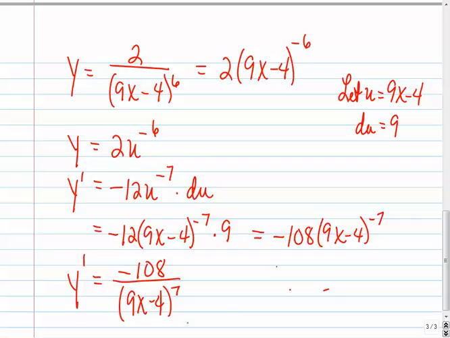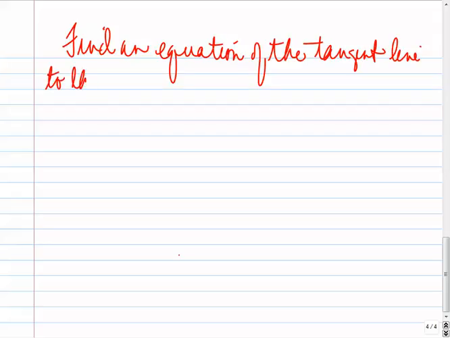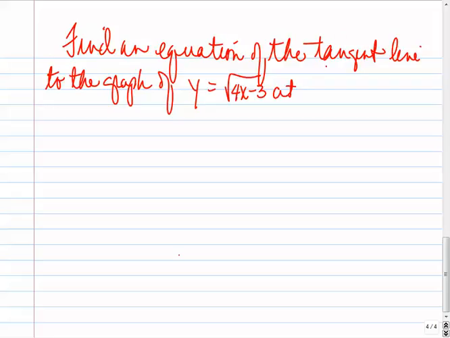They said we're going to find an equation of the tangent line to the graph of y equals the square root of 4x minus 3 at the point (1, 1).